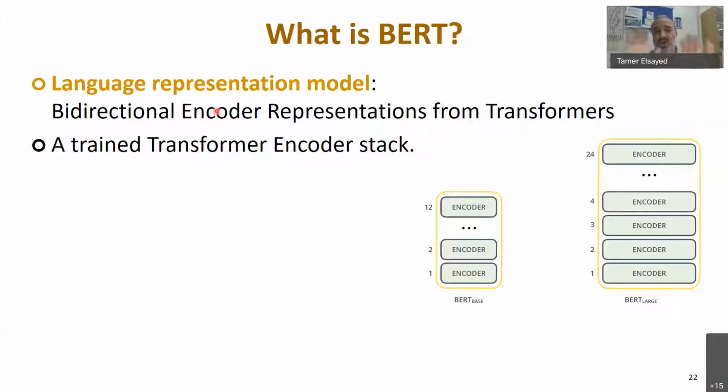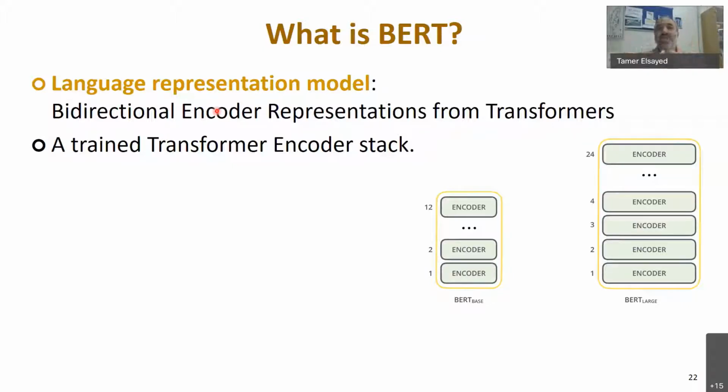So in the transformer we saw two sides, right? The encoder and decoder. And the actual goal of the transformer is to have a sequence-to-sequence task. So given an input sequence, I want to get an output sequence. But the goal of BERT is not to do a task like that.